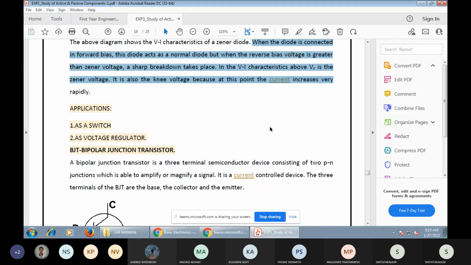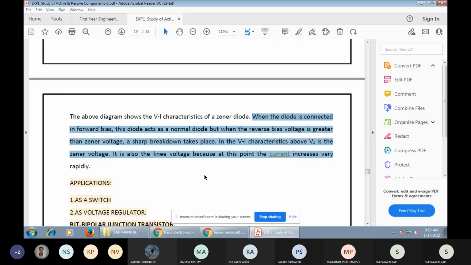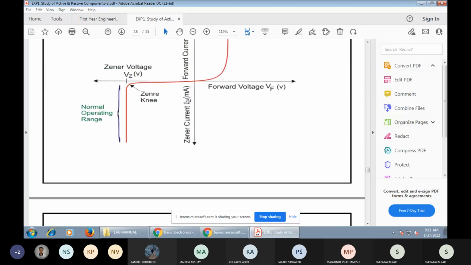As the Zener current increases, the Zener voltage also increases.